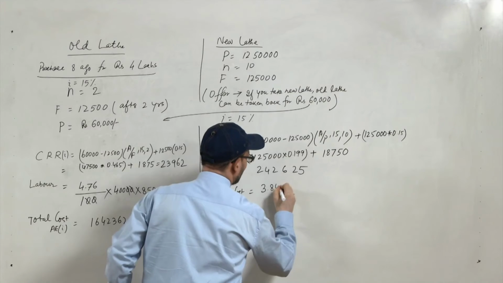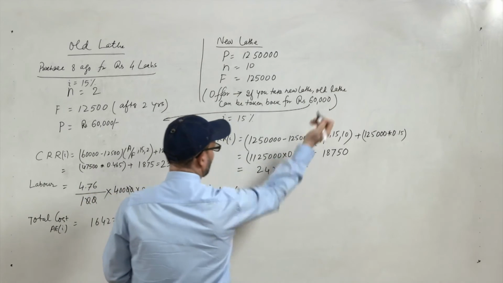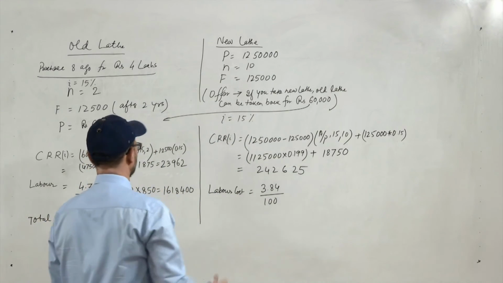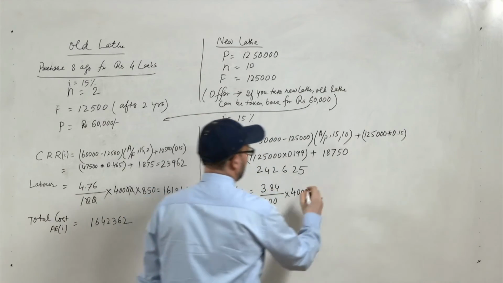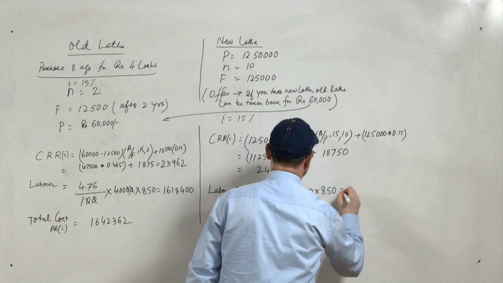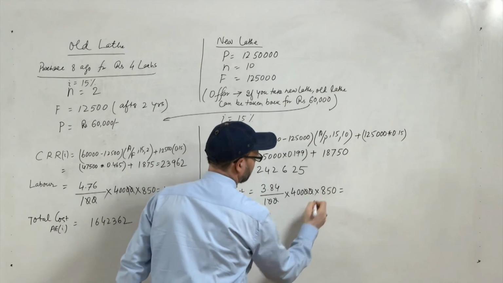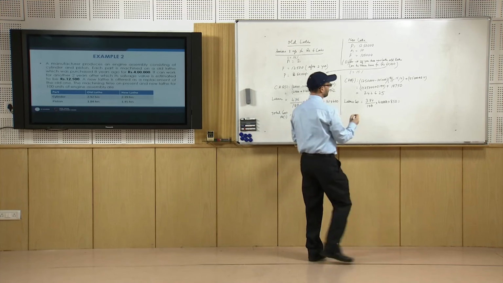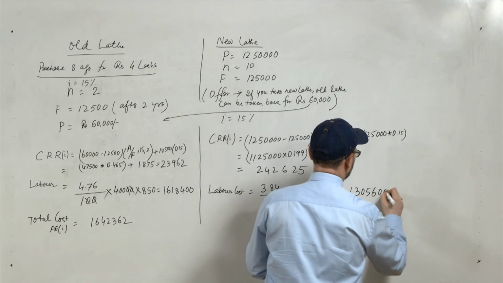So, 3.84 for 100 units, multiplied by 40,000 units, multiplied by 850. So, it will be 13,05,600.